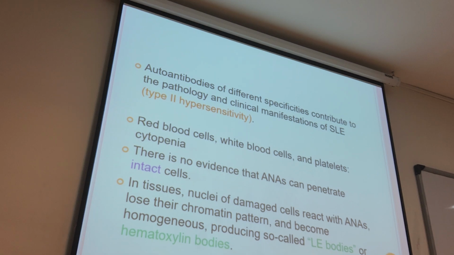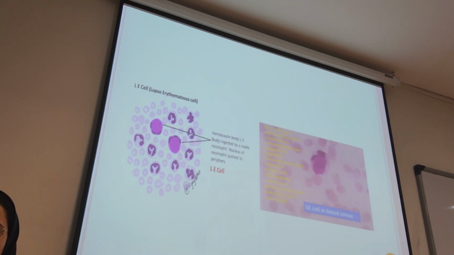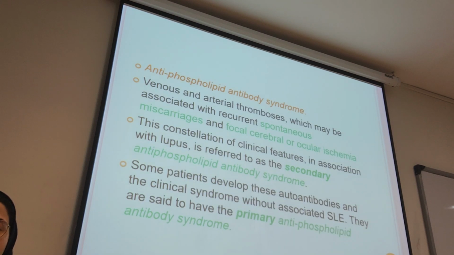So, we may also see type 2 hypersensitivity in lupus. We don't have much time and we have a lot to say. And as I told you, we have also antiphospholipid antibody syndrome in some patients with lupus, which is called secondary antiphospholipid antibody syndrome.